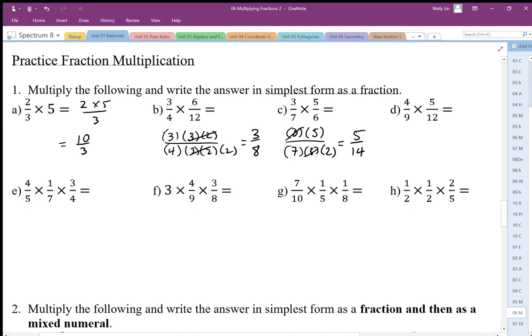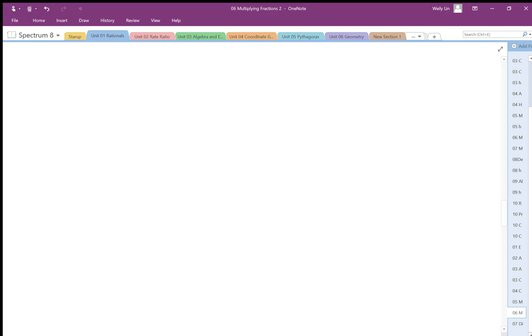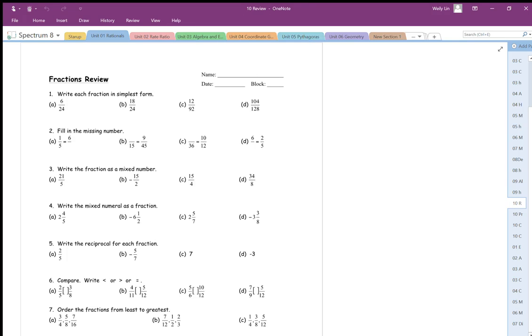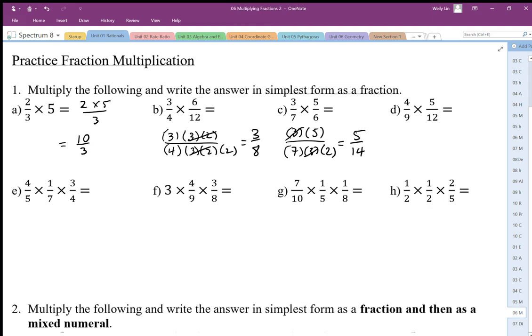Looks like I have a common factor of 4 here. Nothing else seems to be common, so I'm going to write this as 4 times 5 on top. On the bottom, I'm going to write that as 9 times 4 times 3. Okay, so that times 4, divide 4 cancels.